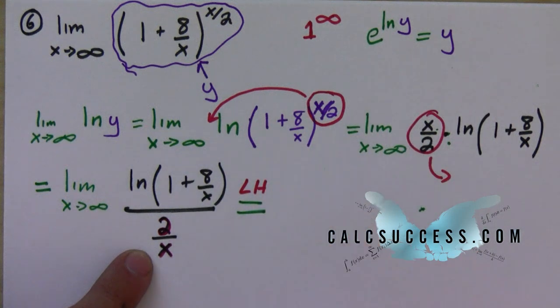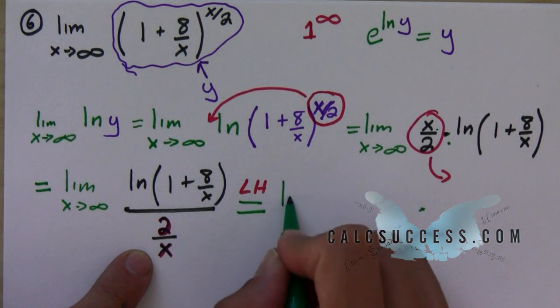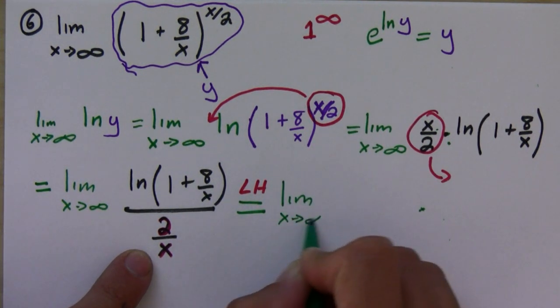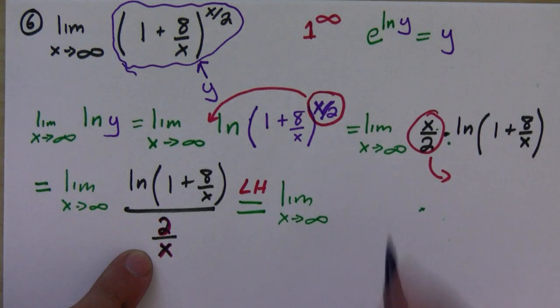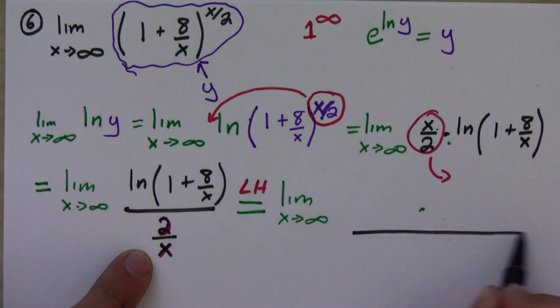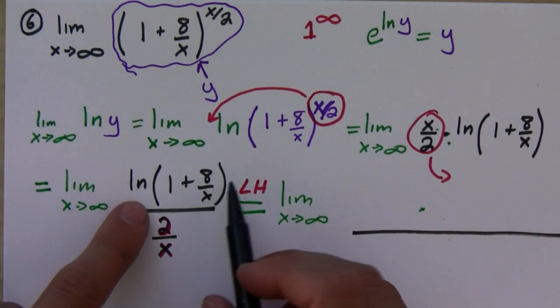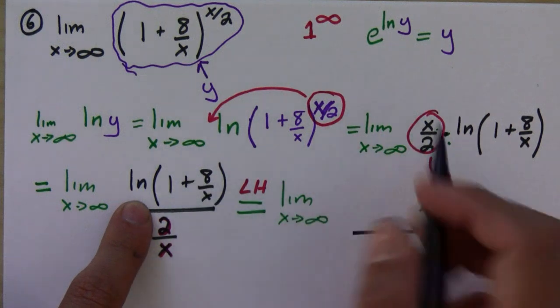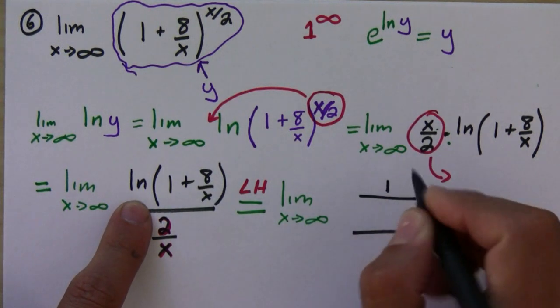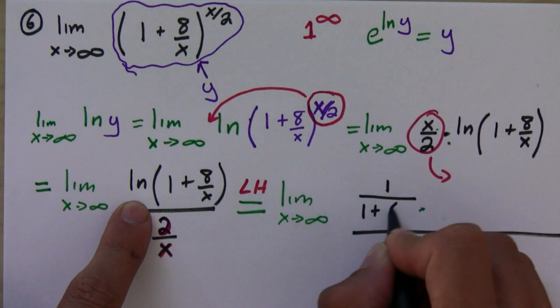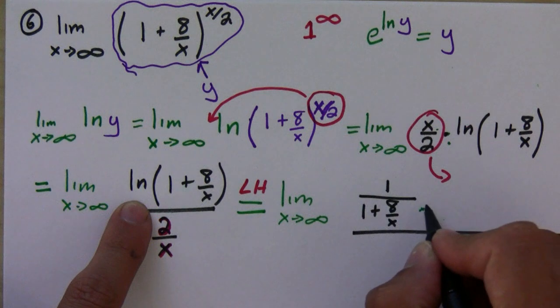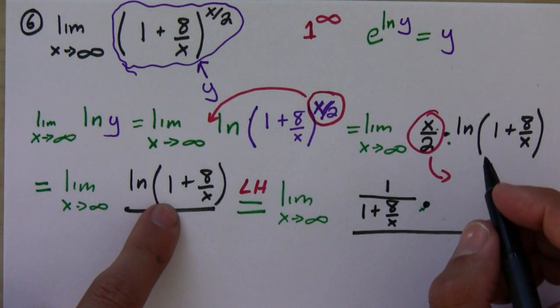L'Hopital's rule. So then what I would have is the limit as x approaches infinity of, this is kind of a big fraction as well, but the derivative of the numerator is 1 over 1 plus 8 over x times the derivative of the inside.